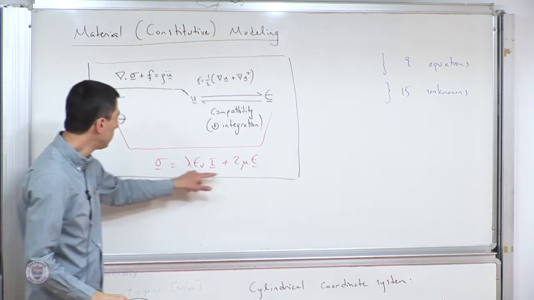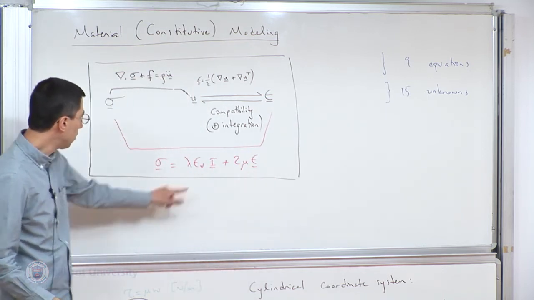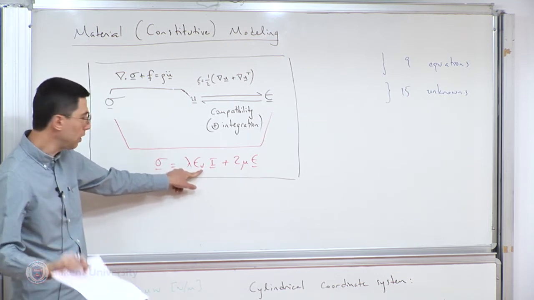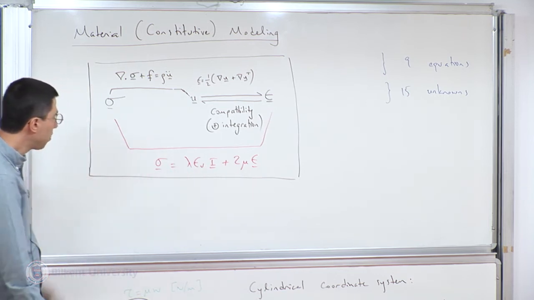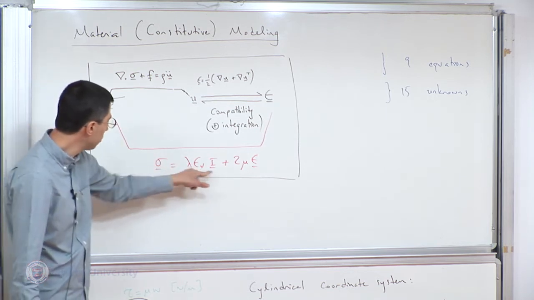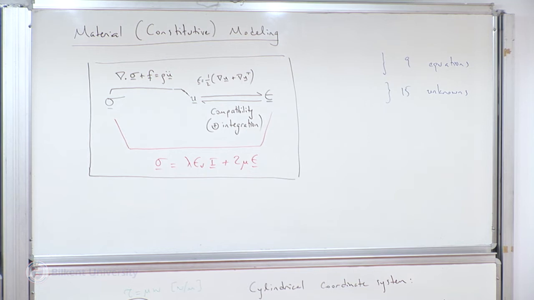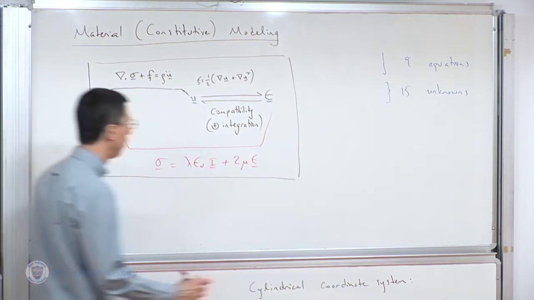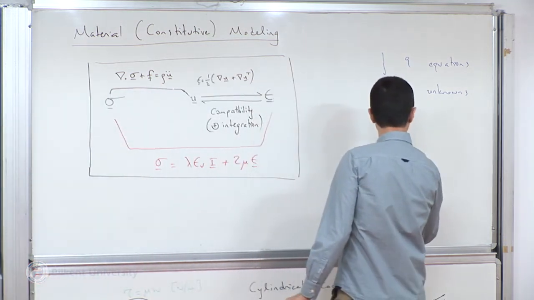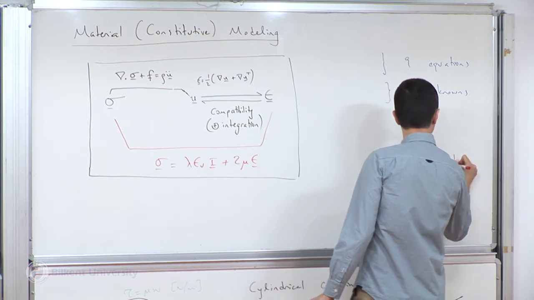Where lambda and mu are material constants, epsilon v is the volumetric strain. I'm going to remind you all of this. And there you go, you have 6 equations, right? 6 terms on the left, 6 terms on the right, the independent components. And now you have your plus 6 equations that you were missing.